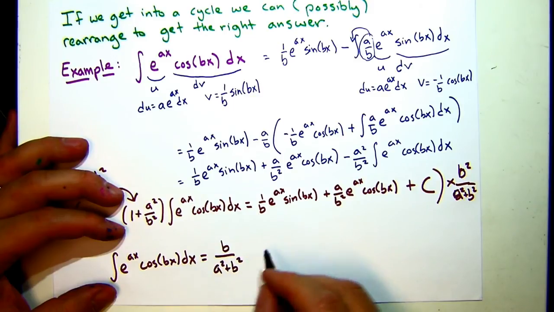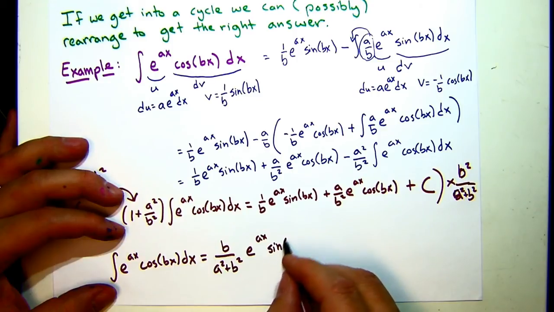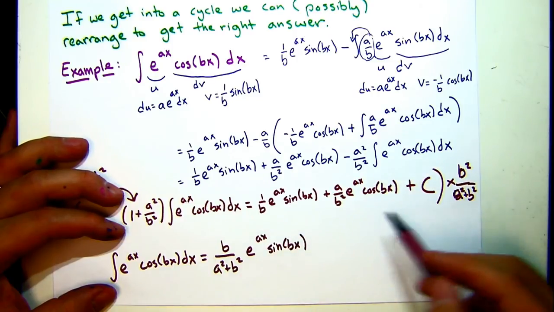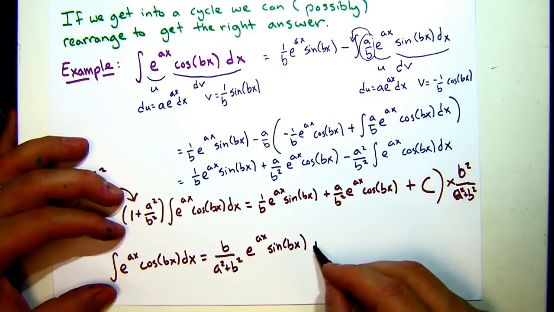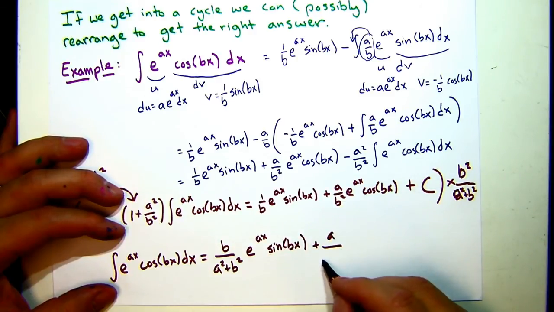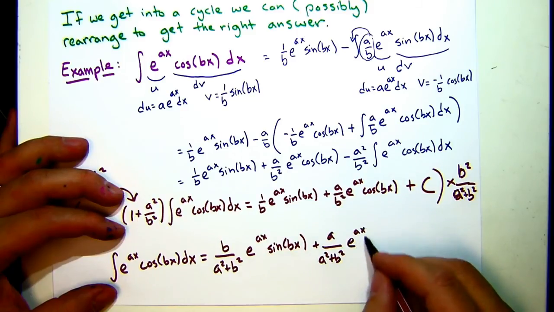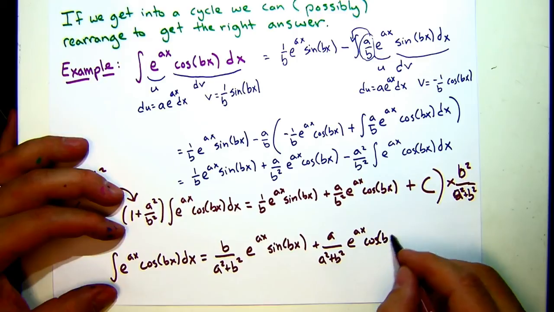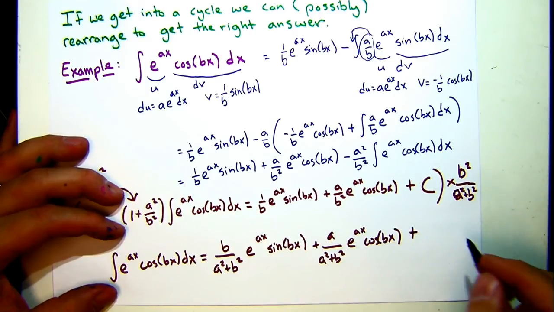So that becomes b over a squared plus b squared e to the ax sine of bx. My next term, there's a b squared downstairs, which completely cancels. So I'm left with a over a squared plus b squared, e to the ax cosine bx.